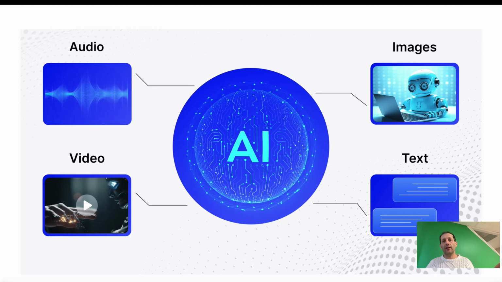Now, content could have different forms. It could be text, it could be audio, images, video, so on and so forth. And based on that, you could have different types of generative AI, where they can generate different types of content, and also as input, they can take different kinds of content.